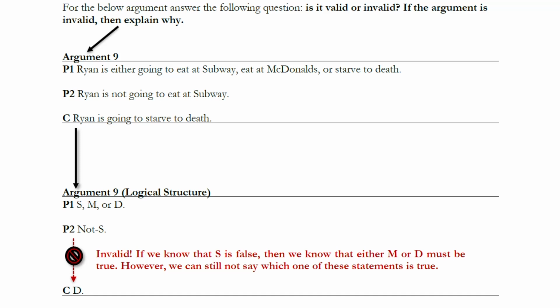Premise 2 eliminates the possibility that Ryan eats at Subway, so that leaves us with 2 options, McDonald's or starvation. At this point, the argument concludes that Ryan is going to starve. However, that is a premature conclusion. There is still the possibility that Ryan staves off starvation by going to McDonald's. Therefore, this is an invalid argument. It is impossible to get all the way to the conclusion with just the information given to us in the premises.